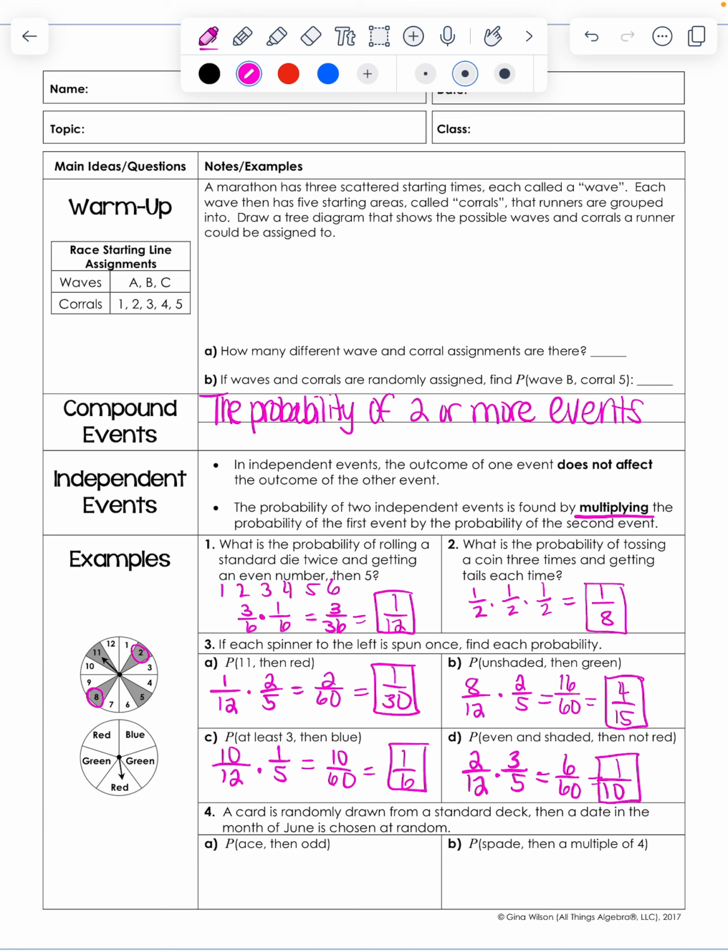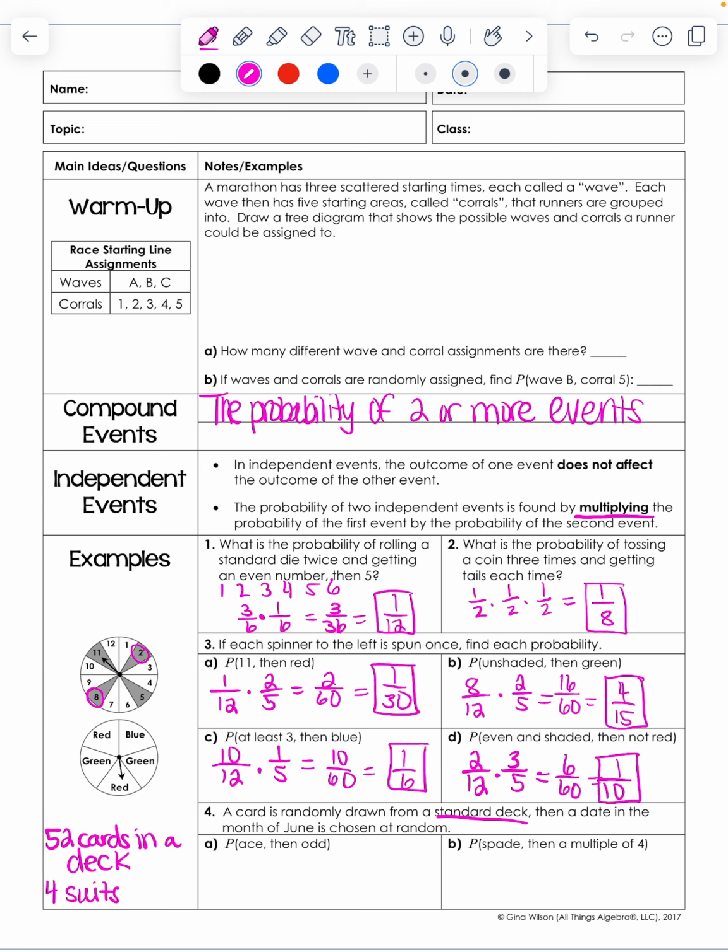Sometimes questions like to talk about cards randomly selected from a standard deck of cards. You do actually have to know this if this type of question were to pop up: there are 52 cards in a deck. There are 4 different suits.